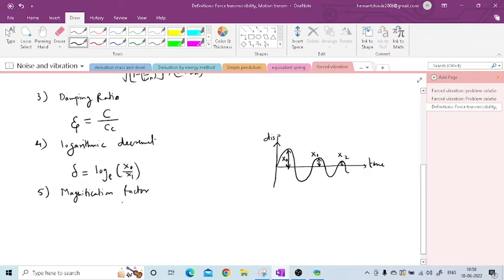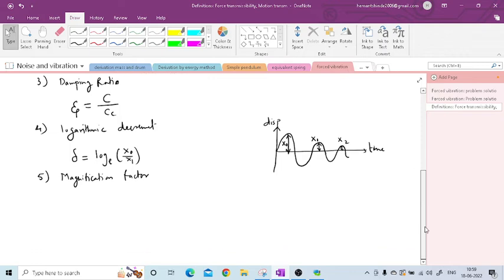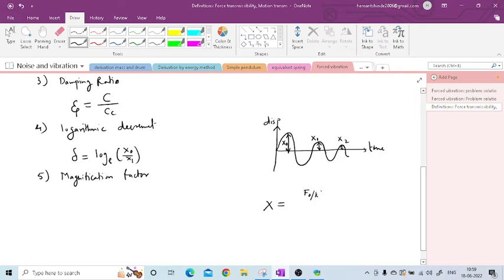Now to see the magnification factor, we'll have to use forced vibration. So in forced vibration, the amplitude of vibration is given by F0 by k divided by root of (1 minus (omega by omega n) square) whole square plus (2 zeta omega by omega n) whole square.